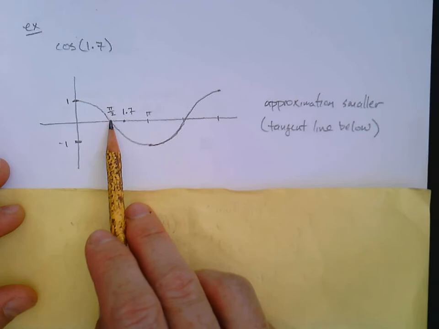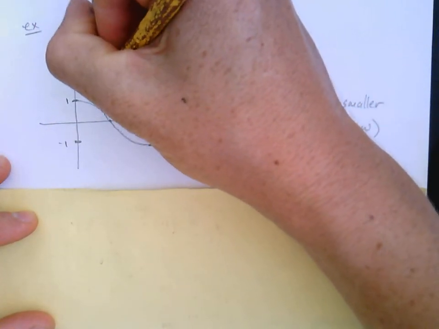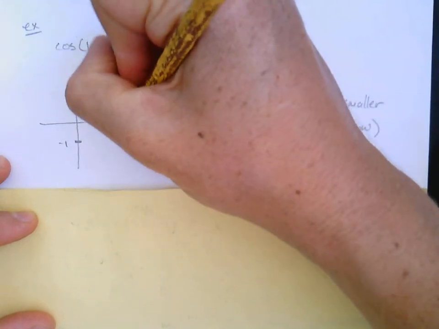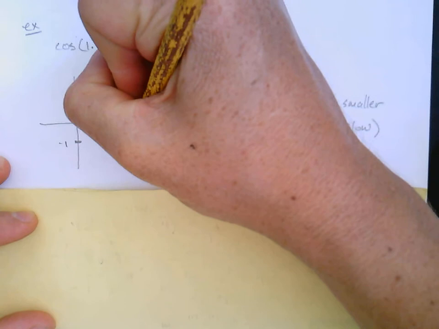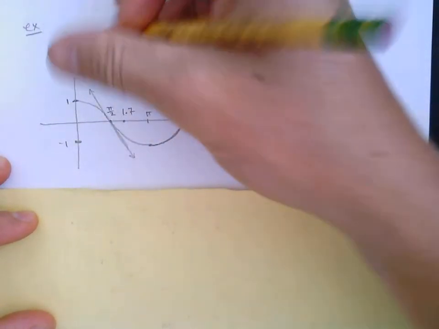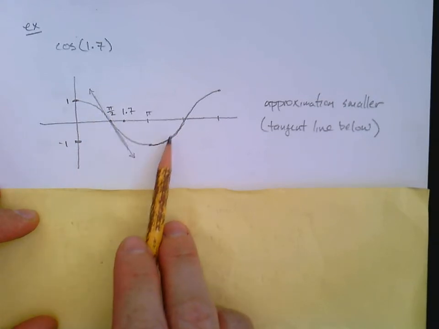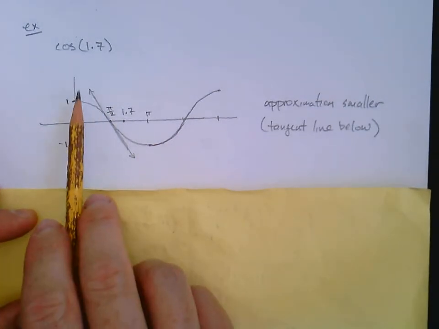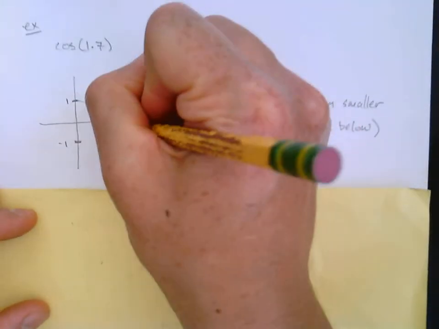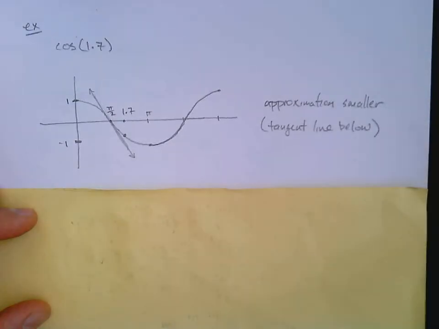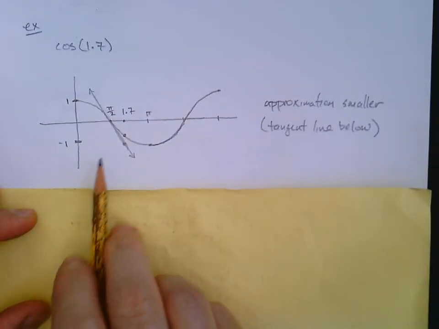If we graph the tangent line there at pi over 2, the tangent line sort of cuts through right there, because the graph curves back the other direction, it passes through. At the point in question, there's the actual cosine of 1.7. But here's what we found with our approximation down here.